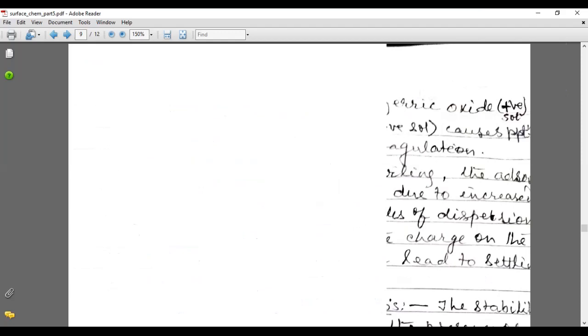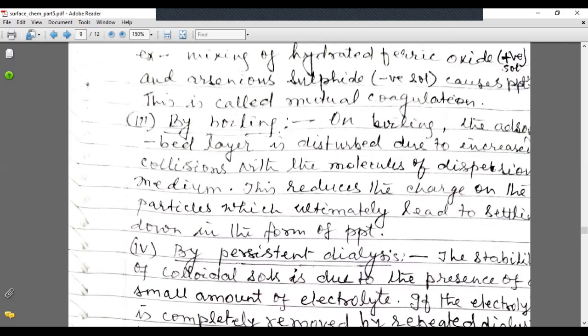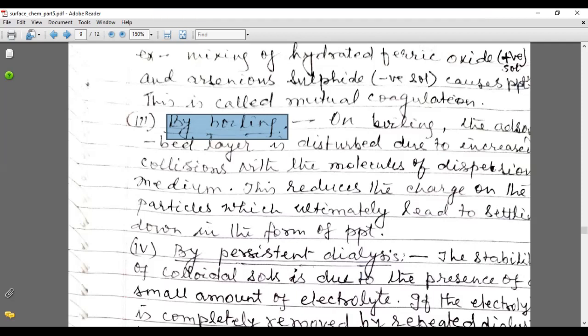Third is by boiling. On boiling, the adsorbed layer is disturbed due to increased collisions with the molecules of the dispersion medium. This reduces the charge on the particles, which ultimately leads to settling down in the form of precipitate.